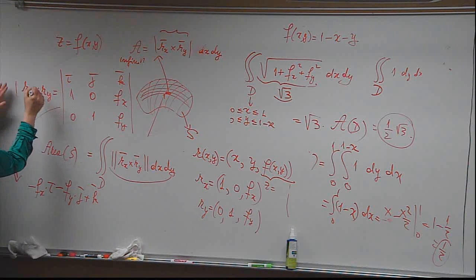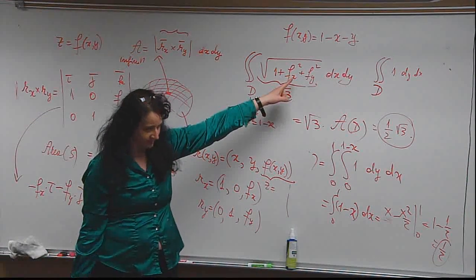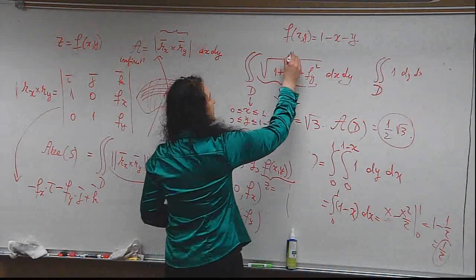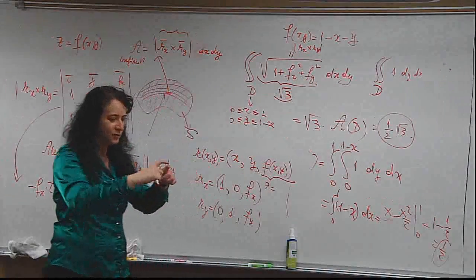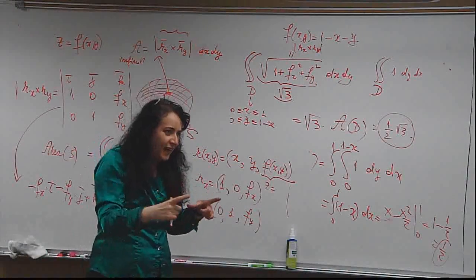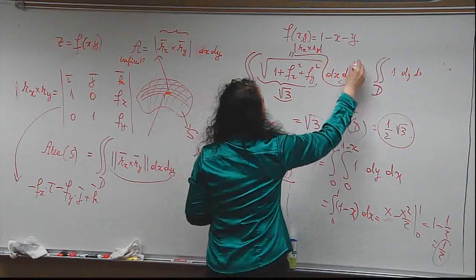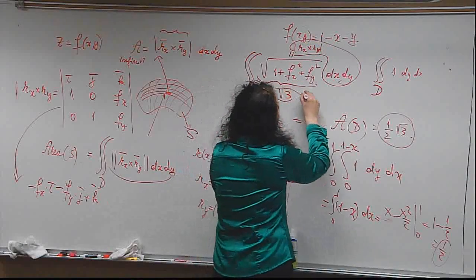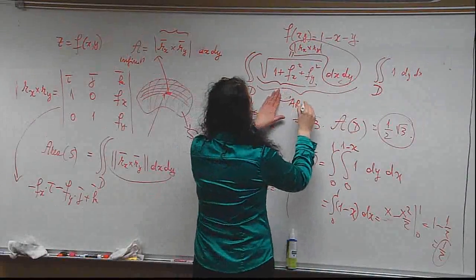The length of this vector will be exactly that. So this is exactly the area of the little curvilinear parallelogram, the area element will be this. And that's why you have this area element. Let's call this the area element.